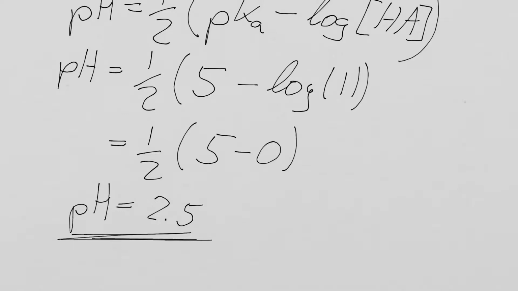And now let's push out the boat. Let's do something fun. 1 milliliter of HA, a 1 molar solution, pKa equals 5, and we add this to 100 milliliter of water.